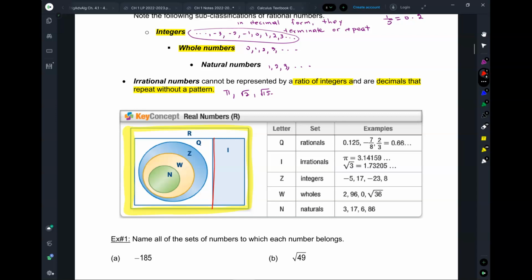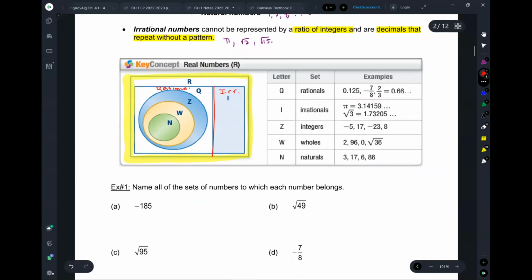I'm just going to use the words for them. So the entire real numbers is divided into rational and irrational, right? And then the rational is divided into integers, whole numbers, naturals. Okay?